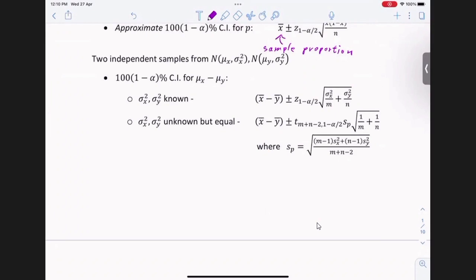Pooling the two samples together, we compute a quantity that estimates the common population standard deviation if we believe that they are the same. Then we use this formula, and the quantile will also be from a T distribution. But this time the degree of freedom is the combined degree of freedom of the two samples, the sum of the two sample sizes minus 2. This is why we use it for two sample comparisons.